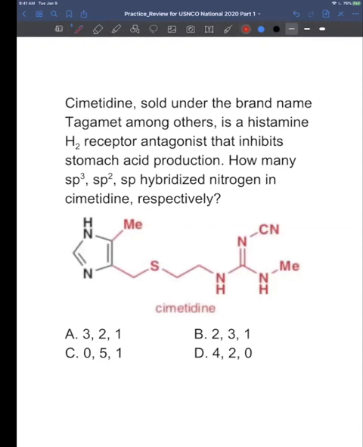The correct answer is C. All of those nitrogens are sp2 hybridized due to the conjugation, right? The left one is aromatic, so we need to make all of the nitrogens sp2 hybridized, to have the unhybridized p orbital perpendicular to the plane.